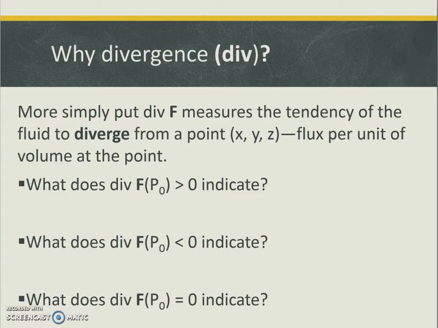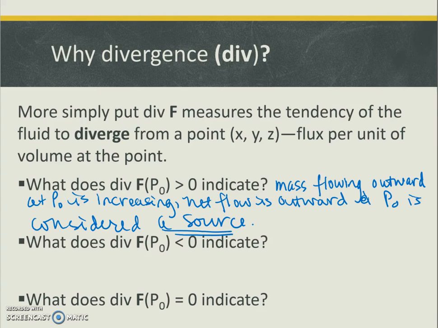So, for example, if I have the divergence of a vector field at a point P naught, and I find out that that is in fact a positive quantity, what does that mean? Well, that means that the mass flowing out at the point P naught is increasing, or the net flow is outward, and P is considered a source. So let me go ahead and get that written down.